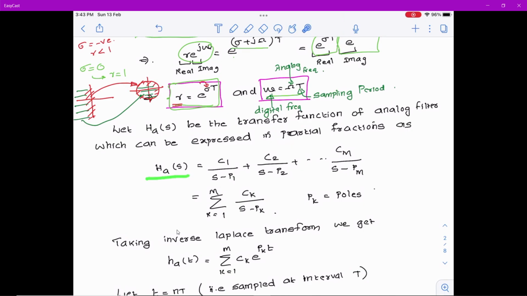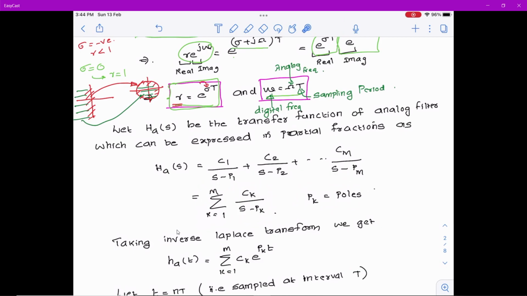That is, H of s is c1 by s minus p1 plus c2 by s minus p2 up to cm by s minus pm, where p1, p2 up to pm are called the poles. Or in general, you can express it as summation k equal to 1 to m of ck by s minus pk.